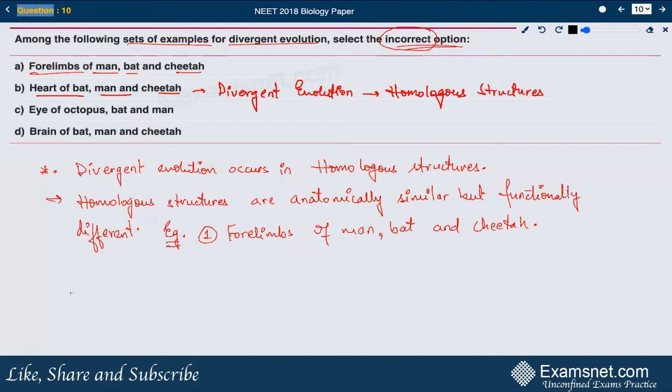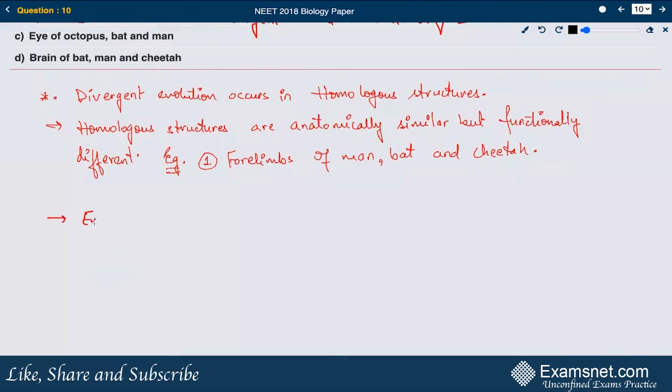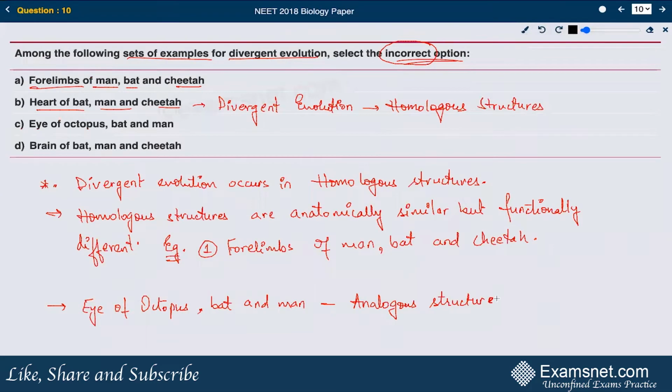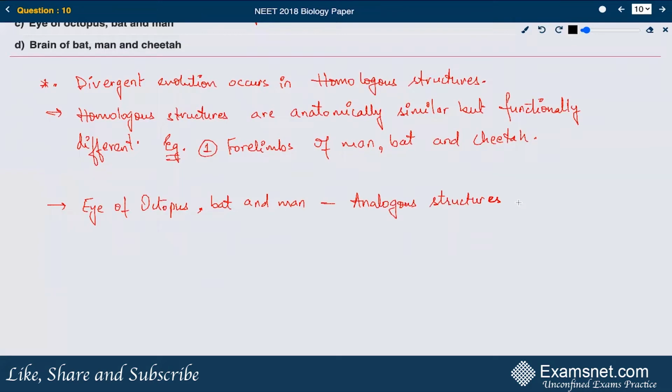All right. However, the eye of octopus, bat, and man represent analogous structures, which means they are structurally different but functionally similar.